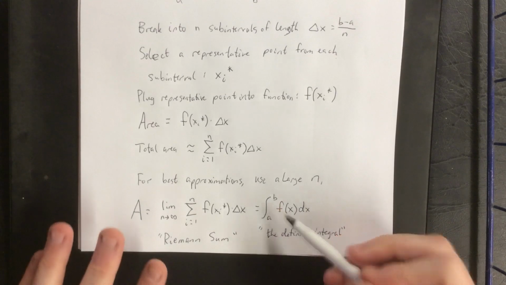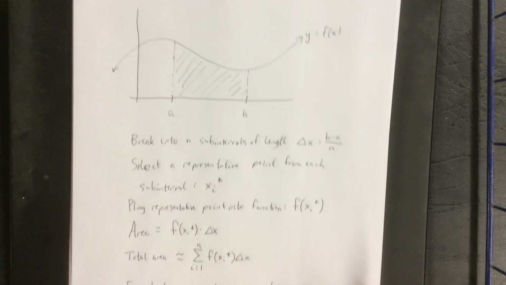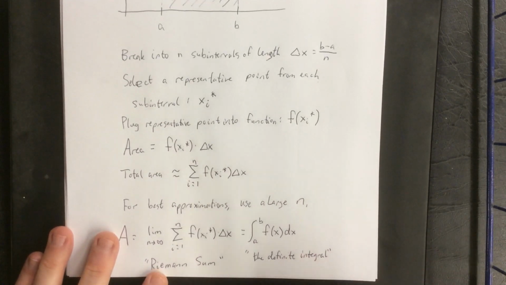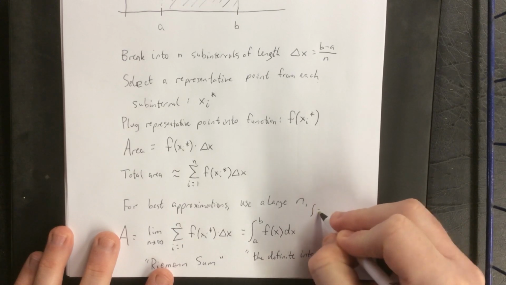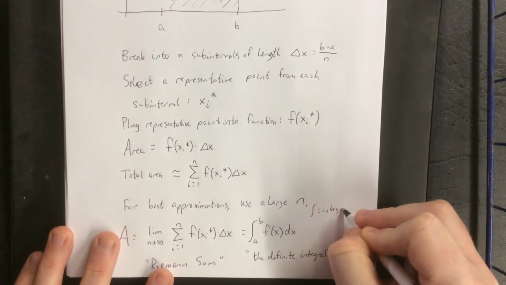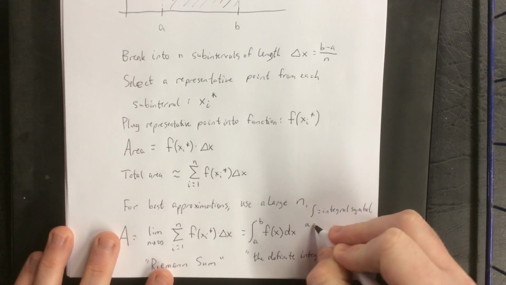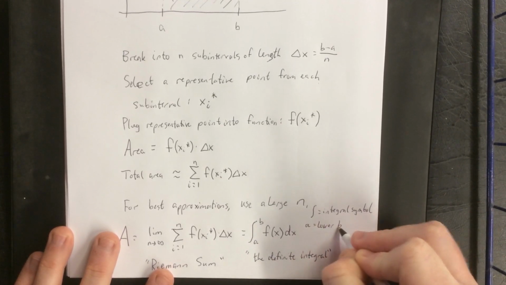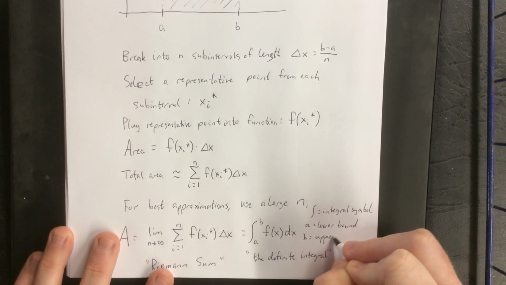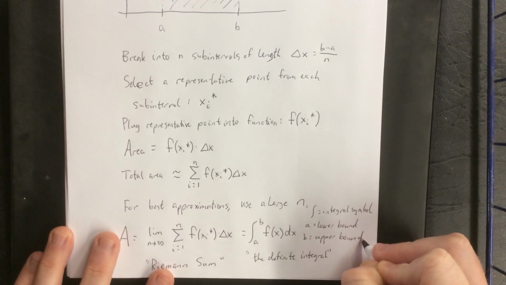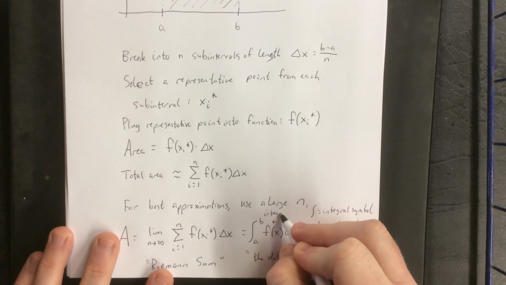A and b refer to the same a and b we referred to back up here. They are known as the bounds of the definite integral. A is known as the lower bound, b is known as the upper bound, and f of x is referred to as your integrand.